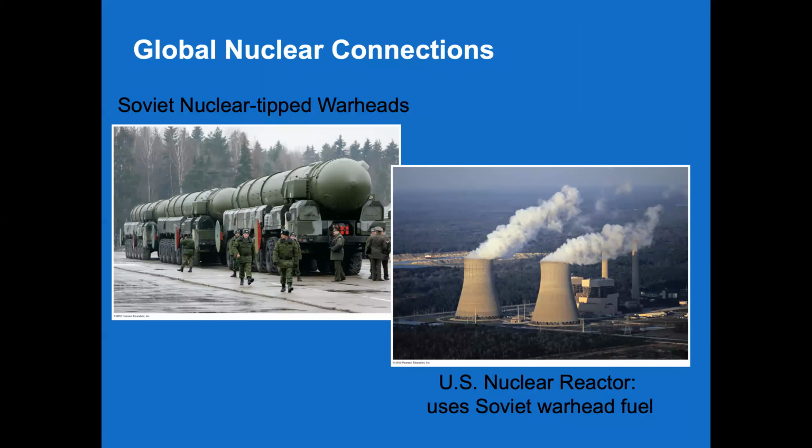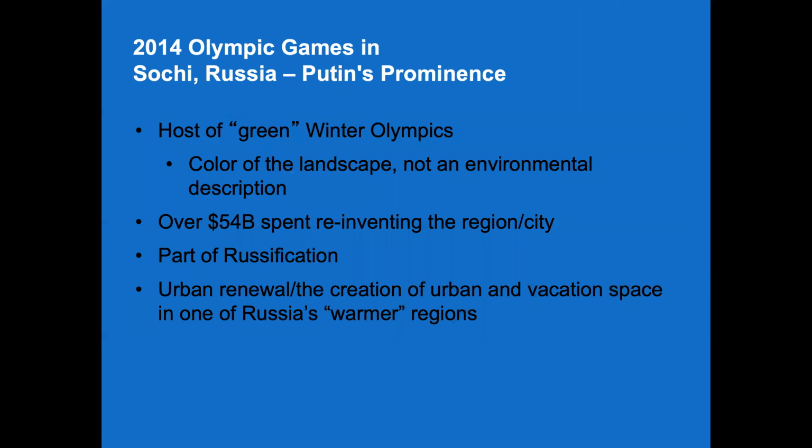All right, so we're talking about the idea of nuclear connections. And you can't talk about that also without talking about the Olympics in 2014 in Sochi, Russia. And Putin used this as a way of basically re-emerging this region into the world's psyche.